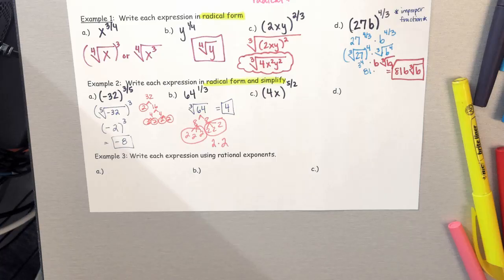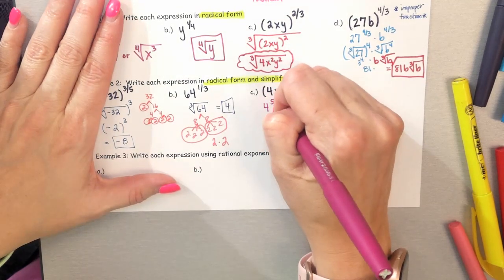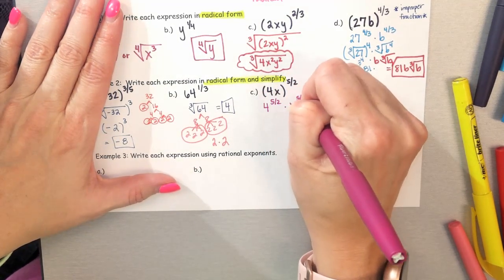It's an improper fraction, so distribute. Okay, and then you can check to make sure you did that first step correctly.